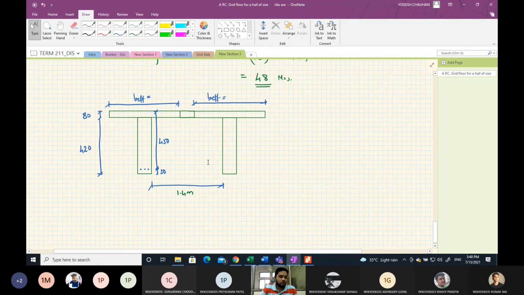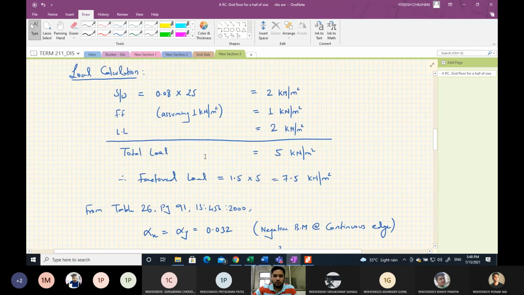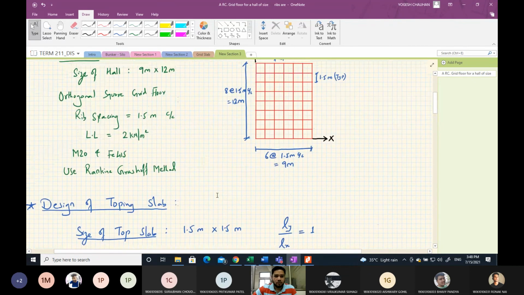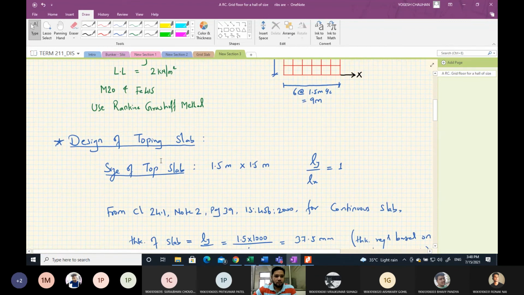Okay, and then we'll find the reinforcements required to resist that moment. So today we have started with an example of a grid floor to be designed using Rankine-Grashoff method. We first design the top slab, which is of 1.5 by 1.5 meter with Ly by Lx ratio of 1.